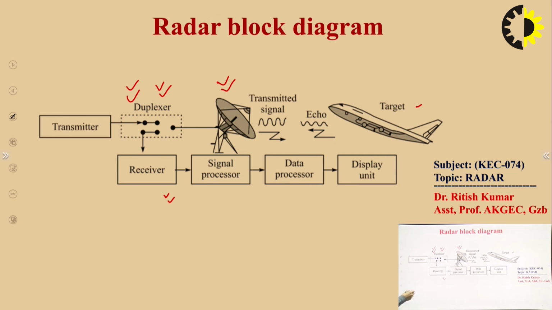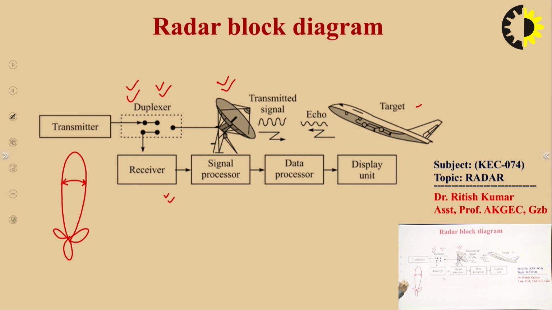How can we achieve a more directional antenna? If you correlate it with the directional radiation pattern, the directional radiation pattern always has a low half power beam width. If we want a more directional radiation pattern, this beam width should be as low as possible.